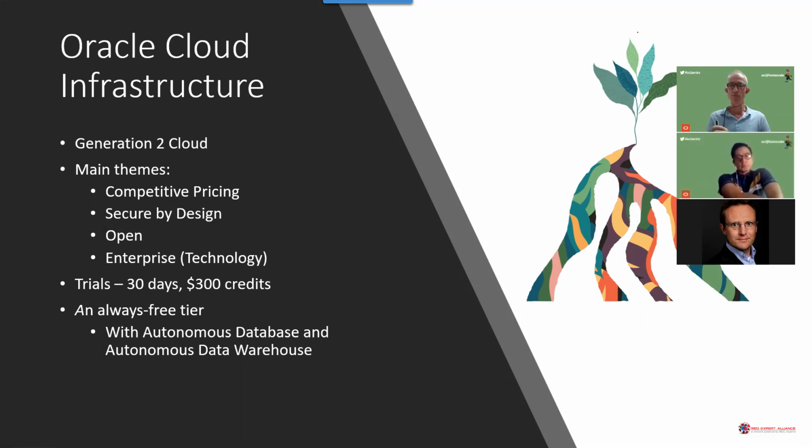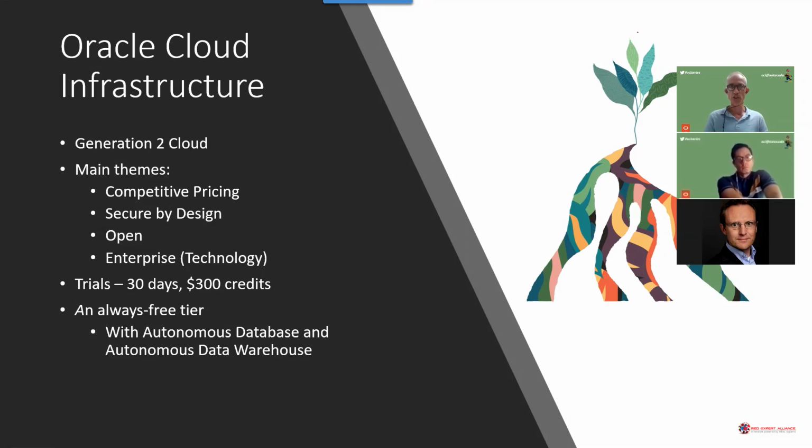Some of the main themes of this cloud for Oracle are competitive pricing, being able to offer services cheaper than Amazon. That seems to be almost the main objective of Larry Ellison. And it's interesting, of course, because Oracle didn't used to be in the game of competitive pricing. It used to sell on other characteristics. Secure by design is a very important thing, as is openness.